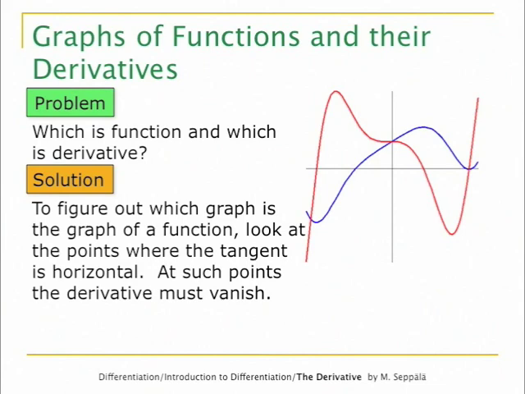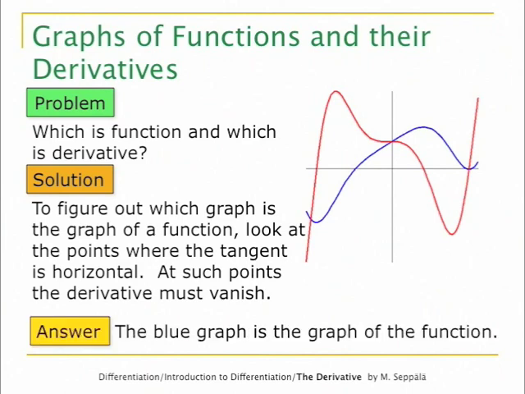On the other hand, whenever the blue curve has some kind of a local maximum point where the derivative should be 0, that is, the tangent horizontal, the red curve appears to intersect the x-axis, and therefore we conclude that the red curve is the derivative and that the blue curve is the function. So the answer is: the blue graph is a graph of the function, the red curve that of its derivative.